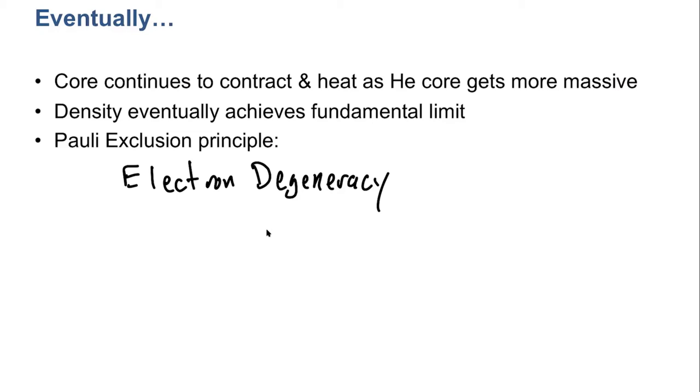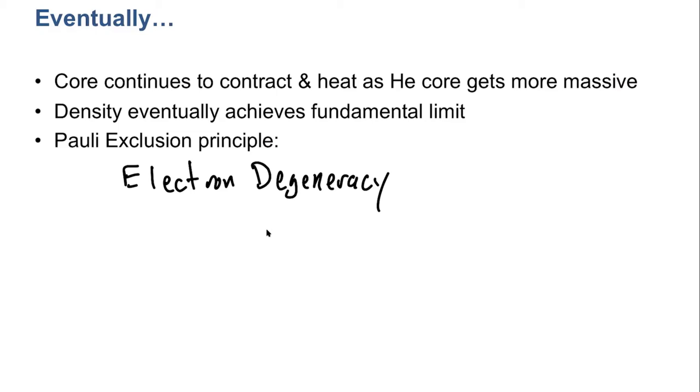If you want to squeeze this soup together more and more tightly, you need to move those electrons up to higher and higher energy levels. And that provides a fundamental limit. There's a limit to how dense you can make this material before it will start to push back. There's something called electron degeneracy pressure, which will prevent it from compacting any more than a certain amount.